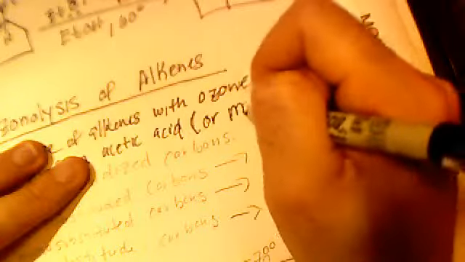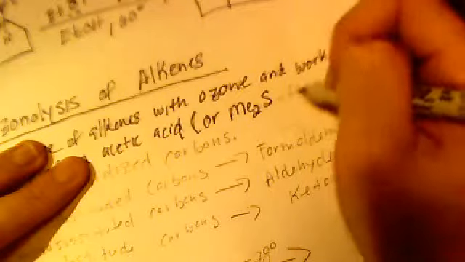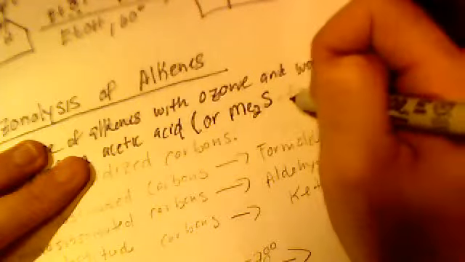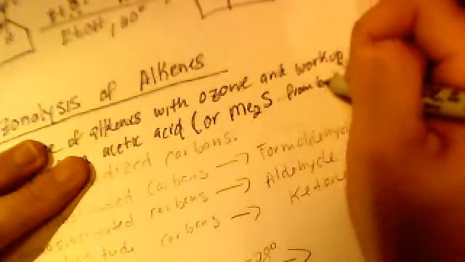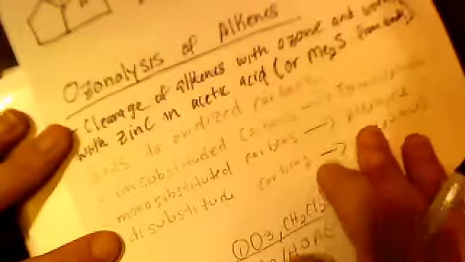Now that's what it said on our PowerPoints, but then in the book I saw it all being done in dimethyl sulfide. Okay, that's from the book, so you can also do it this way. The Solomons and Fryhle book, Organic Chemistry 10th edition.